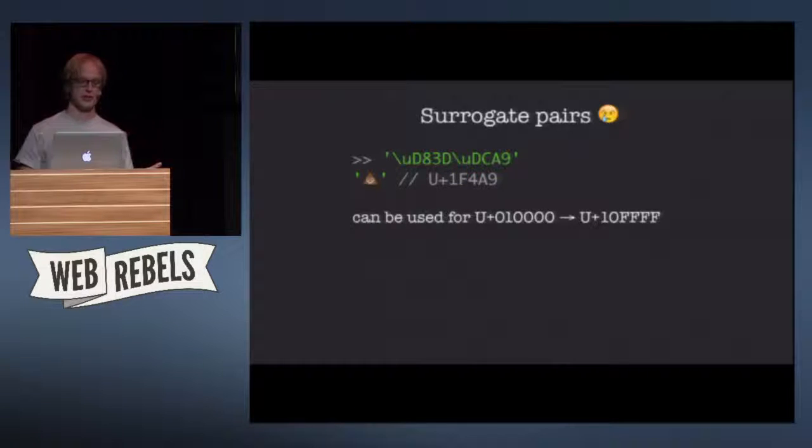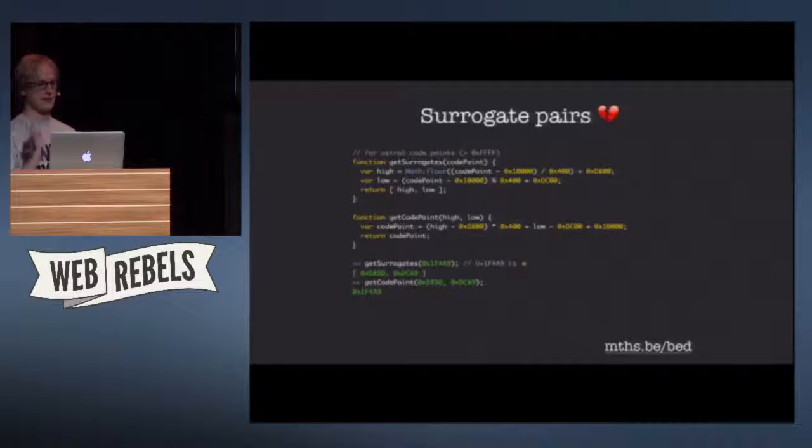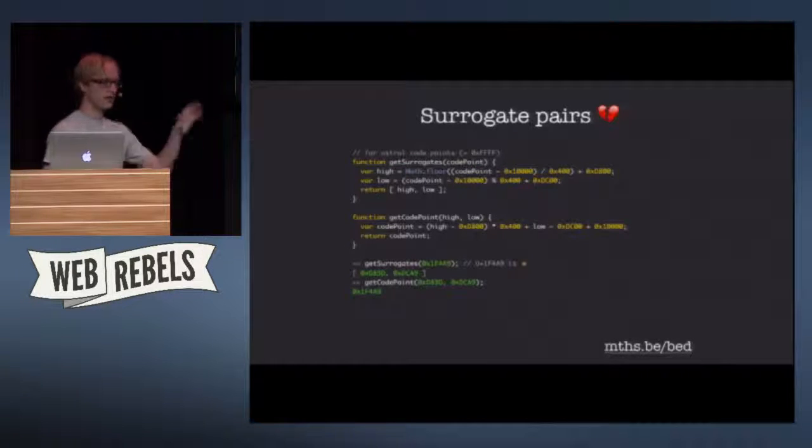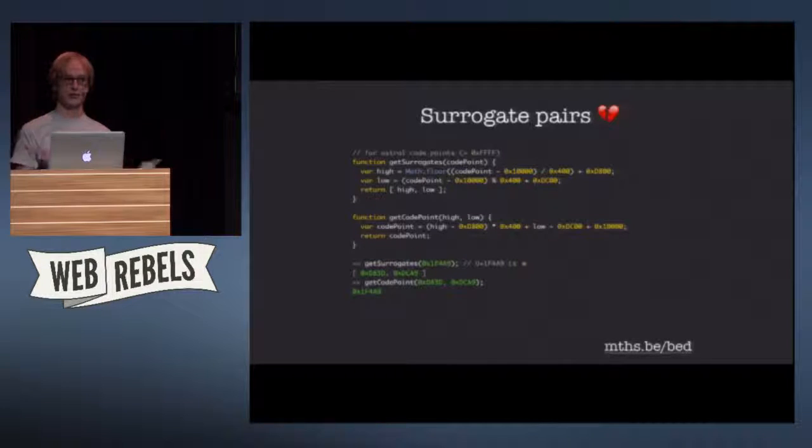Now there are formulas that you can use to calculate these surrogates based on a given astral symbol or the other way around. And here's a JavaScript implementation of those formulas. Now, you don't need to remember the exact details here, but apparently you do need to know that this sort of thing exists if you want to deal with strings in JavaScript correctly.